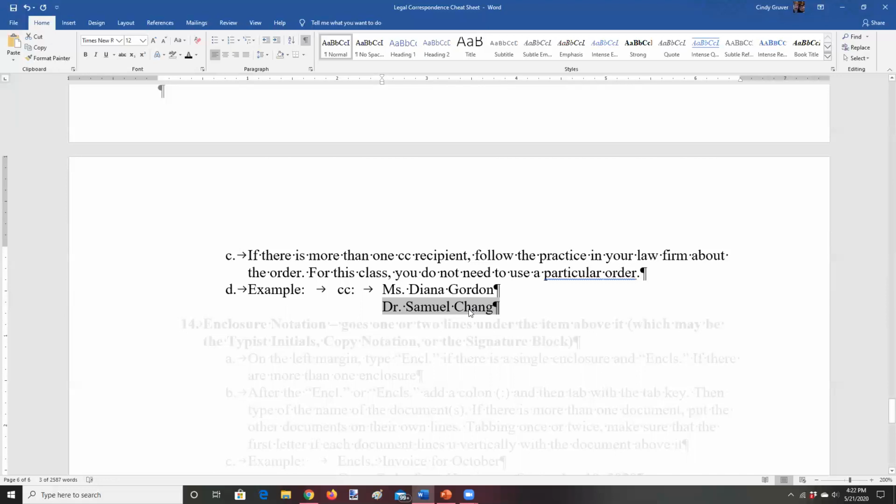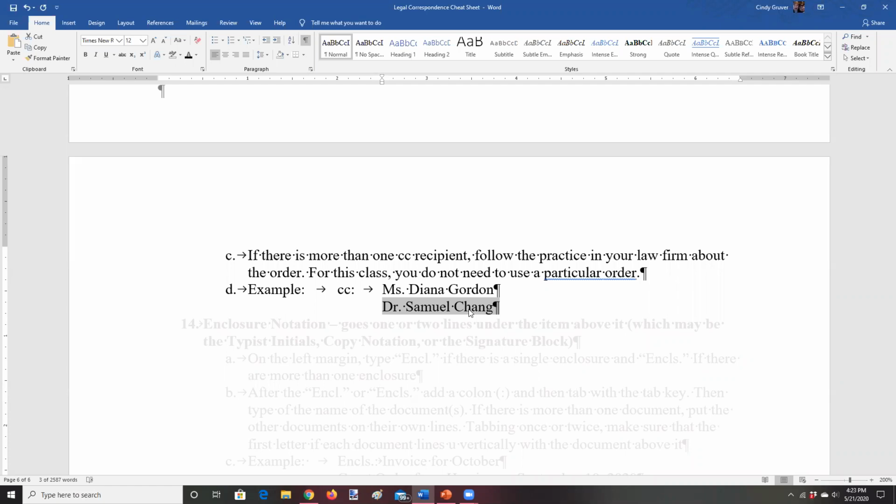Sometimes they will group after the client all of the partners, then all of the associates, then all of the paralegals, and then all of the support staff. Sometimes they have a particular place they want to put opposing counsel. Sometimes they don't have a rule. So again, our rule here is there is no rule. As long as you're CCing all the people you're supposed to, I'm not focused on the order.